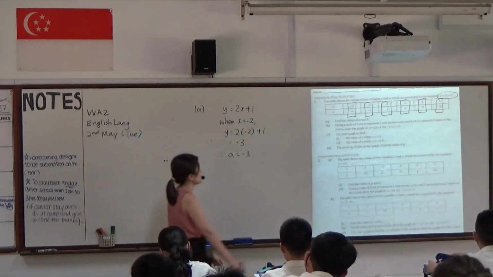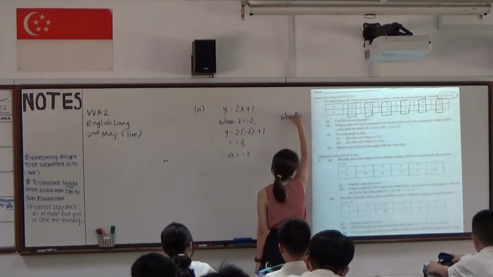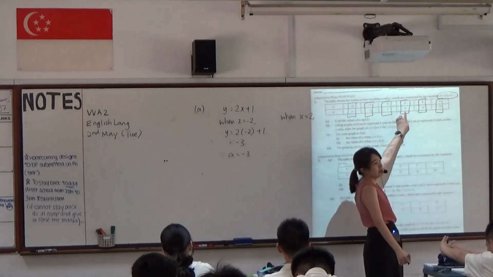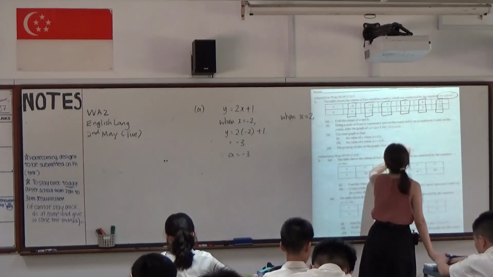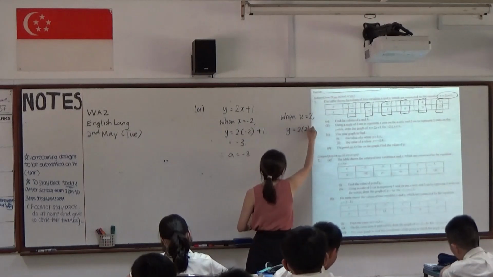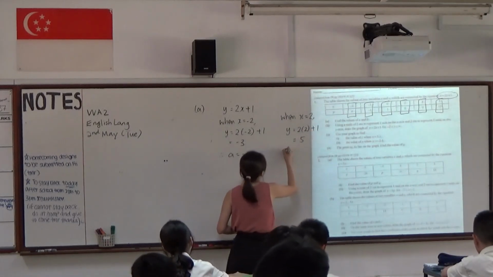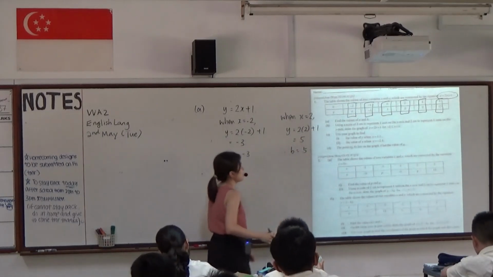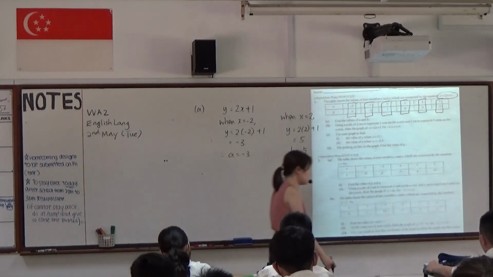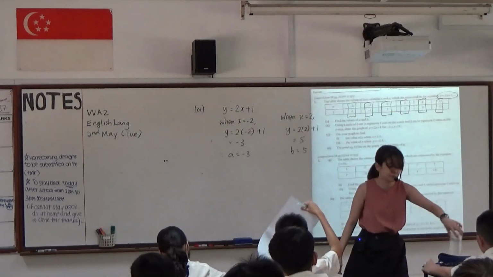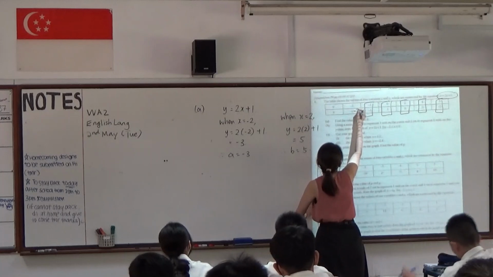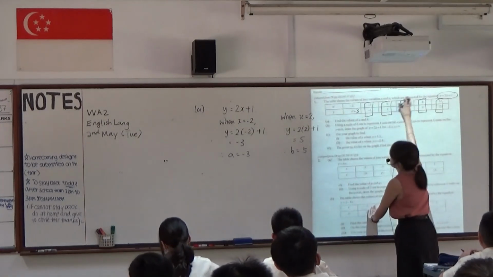Using the same logic, to find the value of B, my x is equal to 2, and my y will be 2 times 2 plus 1, that is 5, and therefore B equals 5. So to complete my table, A is negative 3 and B is 5.